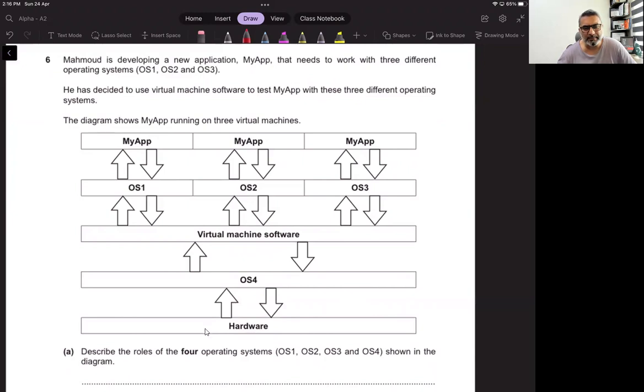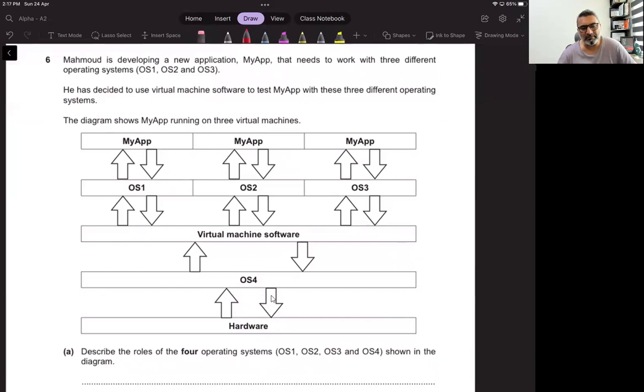So you can see that there is a lot of pressure on this hardware, and it might not work as if these applications would have been installed on an original hardware. So for results, you can check whether the system works, but as far as the efficiency and the speed of work are concerned, you cannot actually replicate that here, because the same hardware is being pressurized using its own operating system and then 3 other operating systems, and in every operating system, the same app is working.